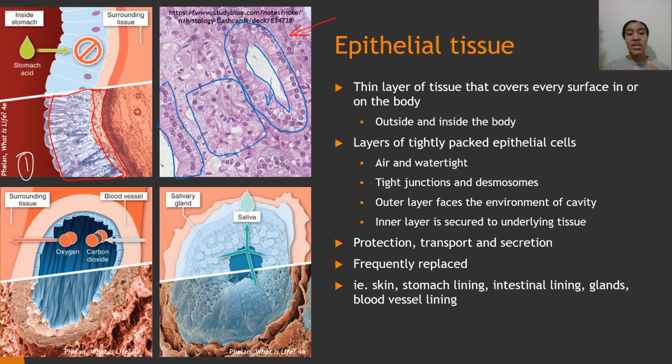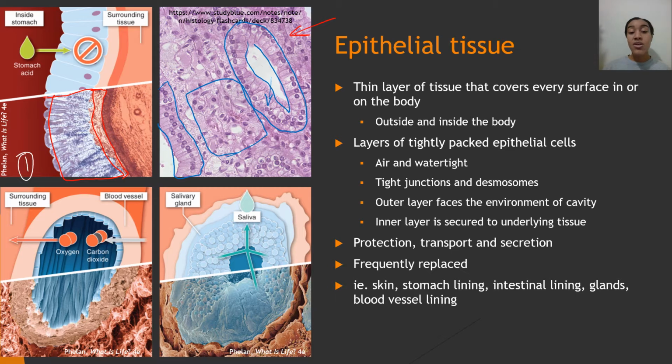Epithelial tissues are commonly exposed to adverse conditions. Your skin is exposed to heat and dryness and getting scraped and rubbed off, and your gut lining is exposed to acids. Your intestinal lining is exposed to the movement of food and getting scraped off.